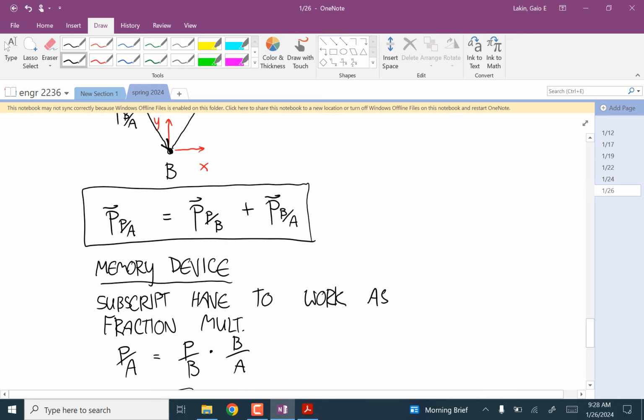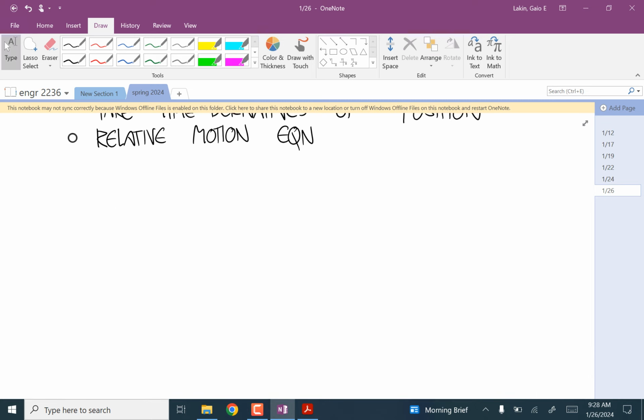If you take time derivatives of both sides of this, you just get the velocity of P relative to A is equal to the velocity of P relative to B plus the velocity of B relative to A. And again, all of these have to work as fraction multiplication if you have it set up right.